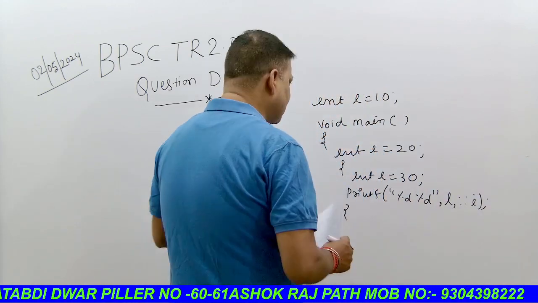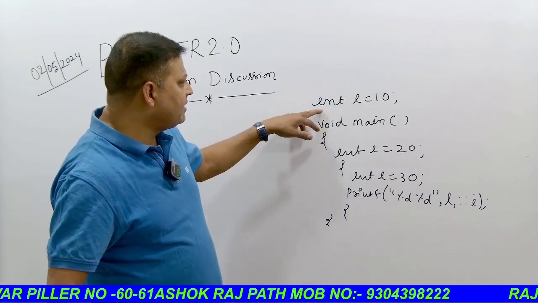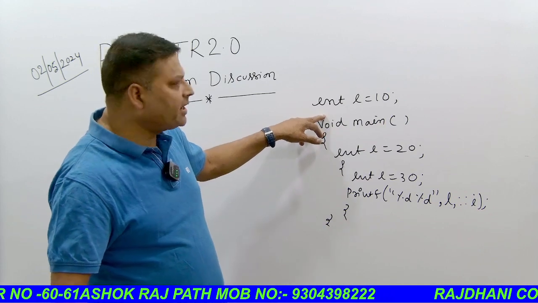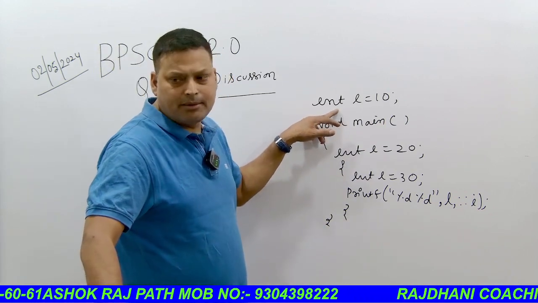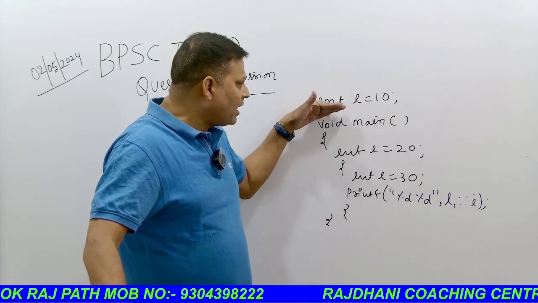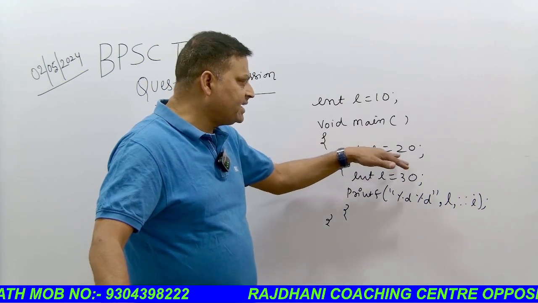Now what should be the correct answer for that? Let us see. This is the i that is declared before main, which is why we have globally declared i equal to 10. Now again we declare i, int i is equal to 20.